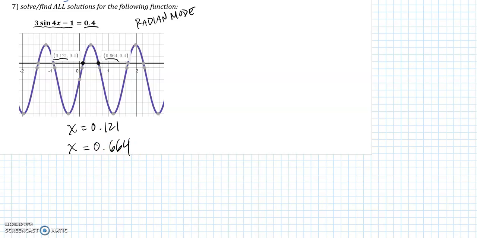And so the next challenge is to find all the solutions. All the solutions means we're adding period n, meaning we're adding these horizontal lengths until the next cycle, until the next solution. So we need to determine what the period is.